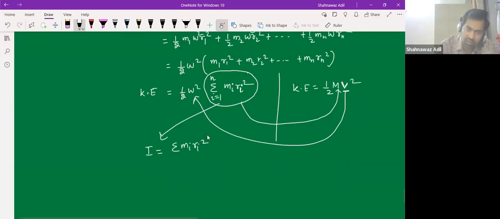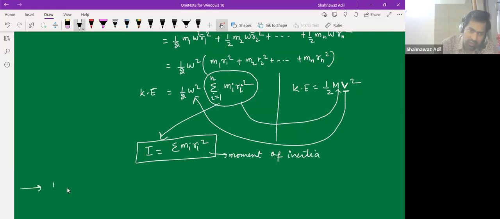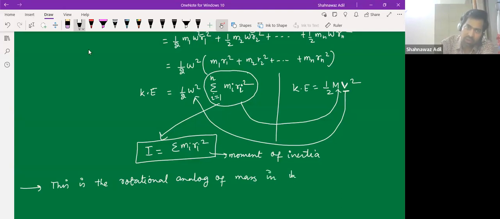Okay, so this is called the moment of inertia, and this is the rotational analog of mass in linear or translational motion. In translational motion we have mass, but in rotational motion we represent mass by this quantity.